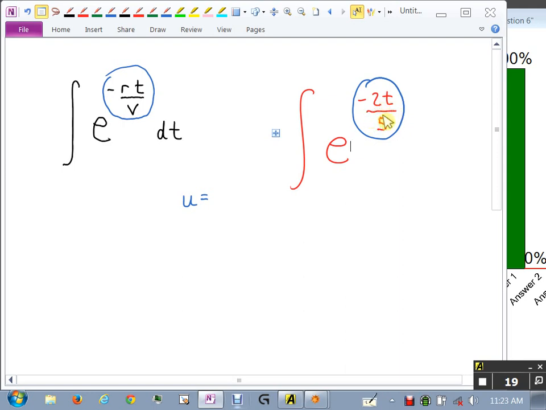Negative 2/5 dt, wouldn't it? Because it's just a constant in front of the variable. So if I let my u be this entire expression, negative RT over V, then the derivative of this should be negative r over v dt.